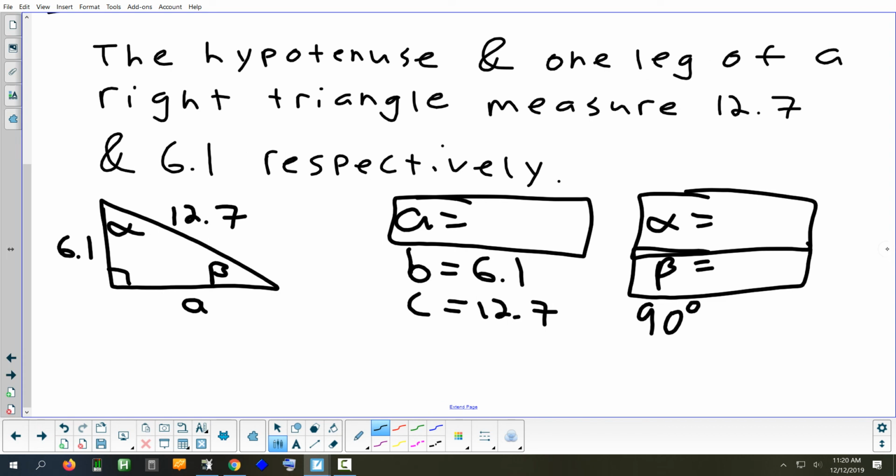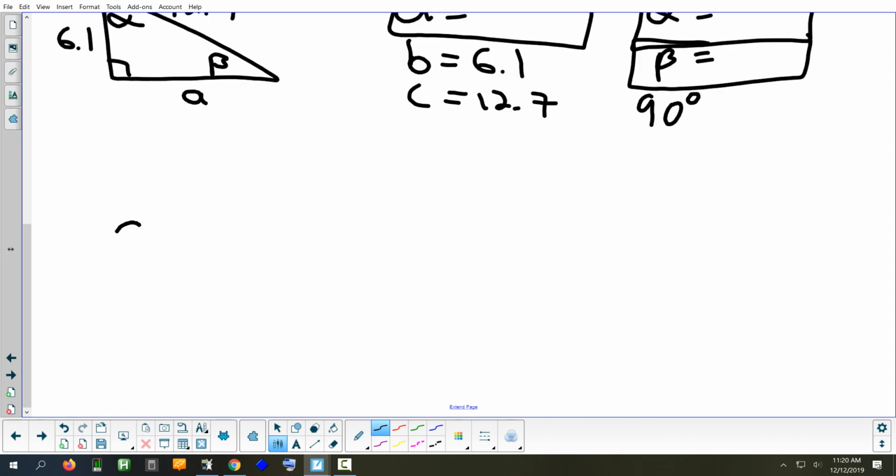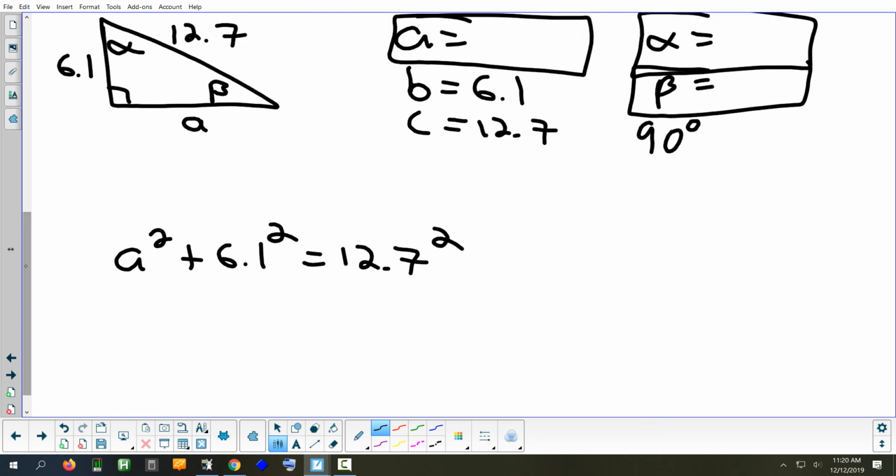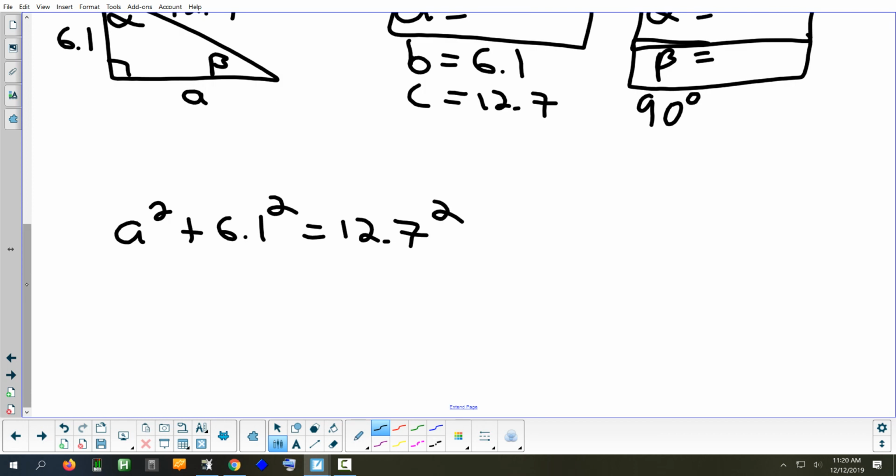You want to put an a squared plus 6.1 squared equals 12.7 squared. Yep. And let's just get a by itself before we do any arithmetic. What would be your first step here to get a by itself? Subtract these. Just subtract the 6.1 squared.